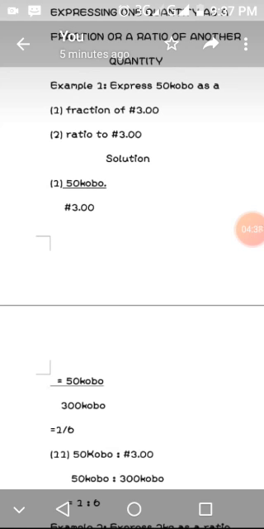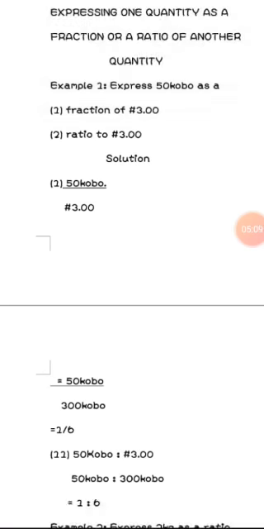Below it is the second question, which says express 50 kobo as a ratio to 3 naira. Now talking about ratio, between 50 kobo and 3 naira, you will see our ratio sign there. I'm going to change my 3 naira to kobo, which gave me 300 kobo, meaning I have ratio 50 kobo to 300 kobo.